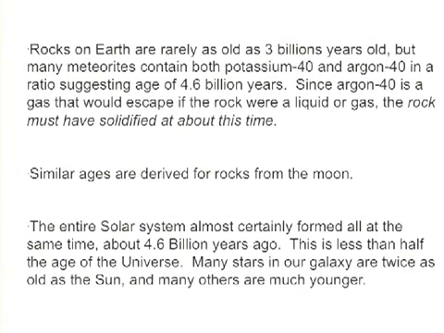And if you go out and date the rocks on the moon, you get a similar figure, 4.6 billion years. This is the most accurate dating possible. That dating has to be the same for the entire solar system. It's not as though the solar system was 3 billion years, and then you take some comets from someplace else.